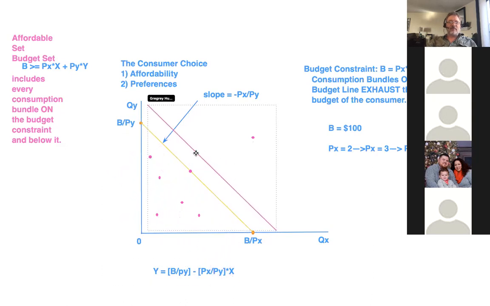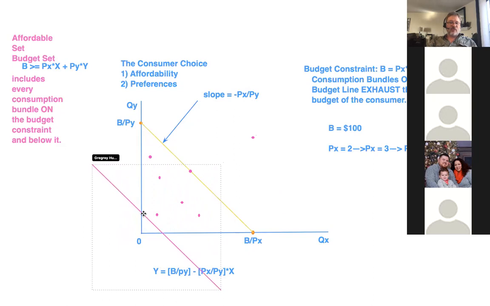Okay, and that increases the budget set if you go outwards. Yeah, if you go outward, then the affordable set of the budget set gets bigger, and obviously, if you decrease the amount of money the consumer has, decrease their budget, then their budget set's going to shrink. They can afford fewer consumption bundles.